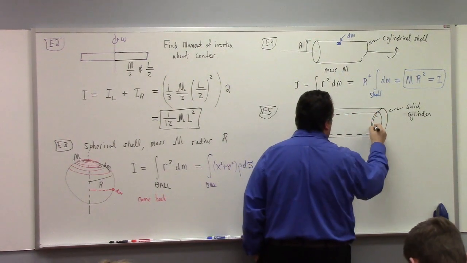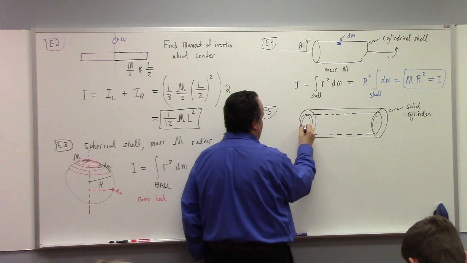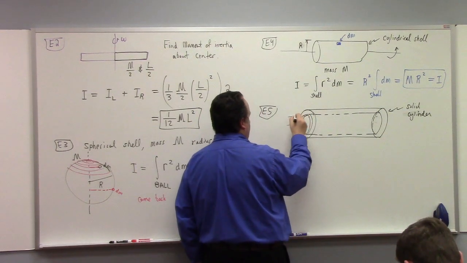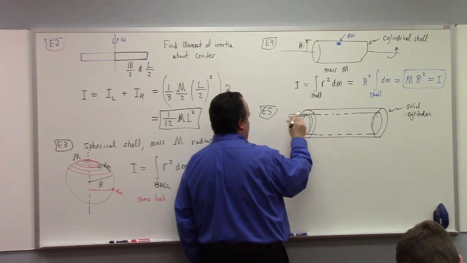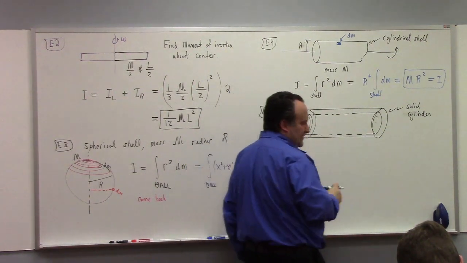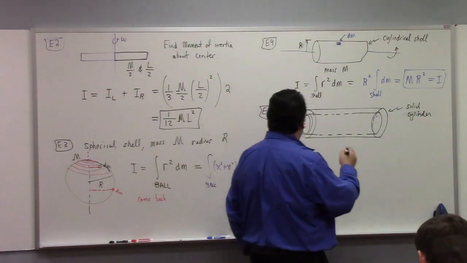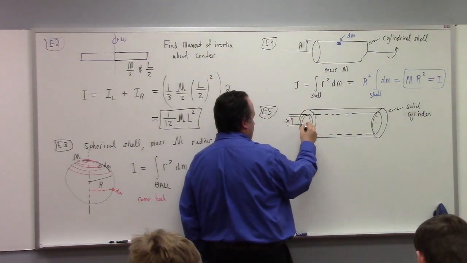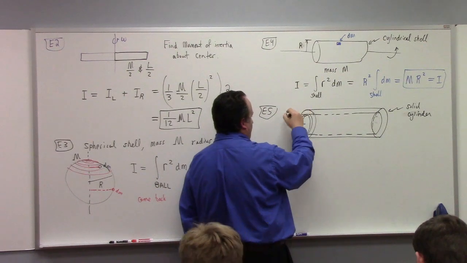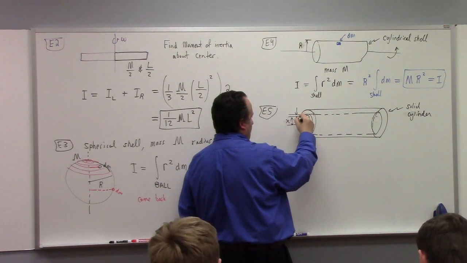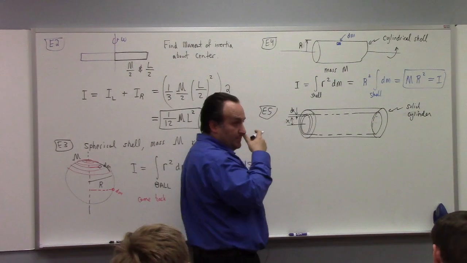So if I do that, let's say that this is x. Well, I don't know if I used x or r. Let me try to be consistent with my notes here. Oh yeah, I used x. So if this is x, then what's this thickness? It's dx, right?